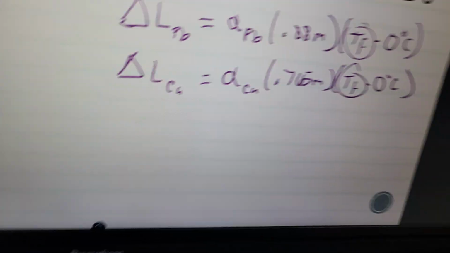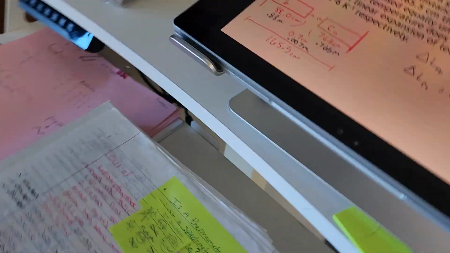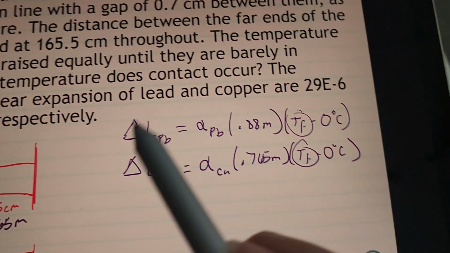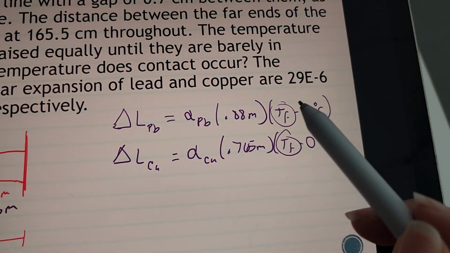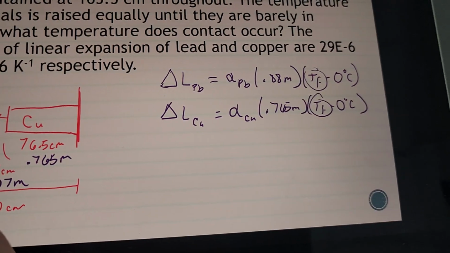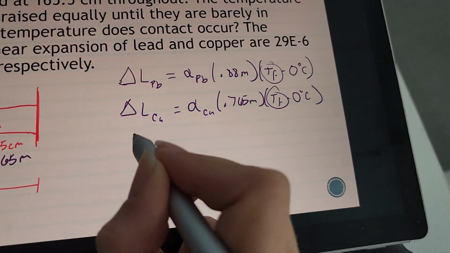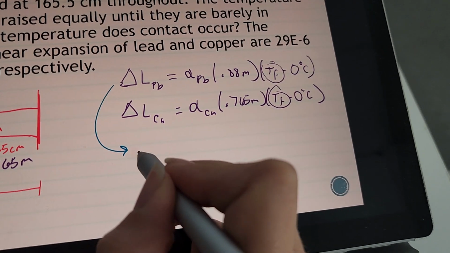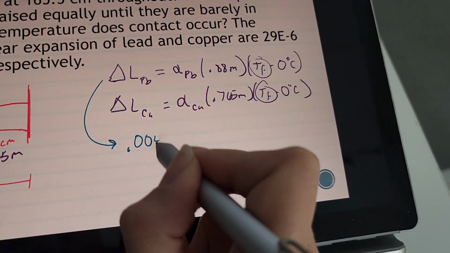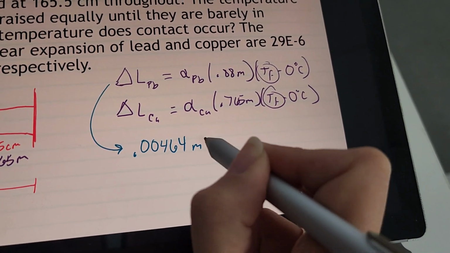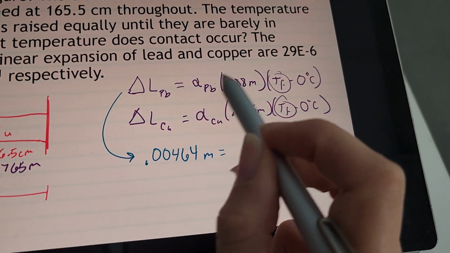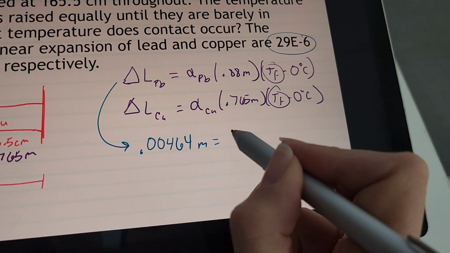So we're going to take your number and substitute it back in to this equation here for the change in length of lead to find that final temperature. And alpha lead is here.